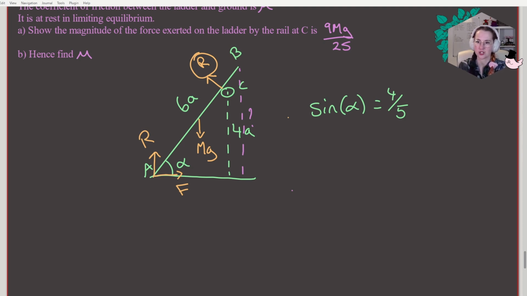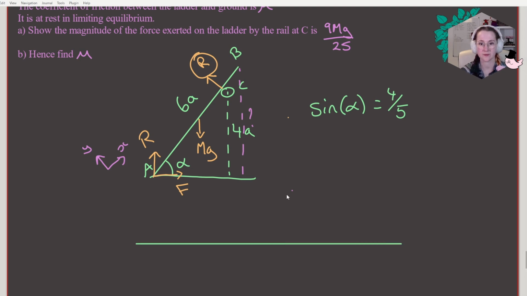So first thing we're asked is show the magnitude of the force exerted on the ladder by the rail at C. So I'm actually going to cheat, and I'm going to say, what if we look, instead of in the vertical and horizontal, we look in these directions, in line with the ladder. So if we were to do that, we still have A, we have C, and we have B. And now we have that the reaction force is perpendicular to the ladder.